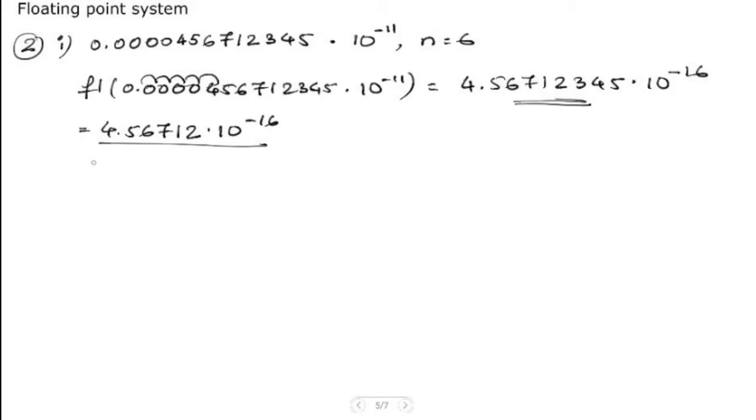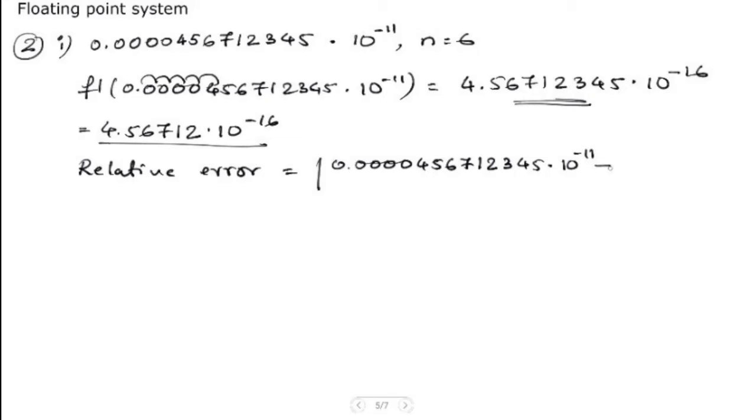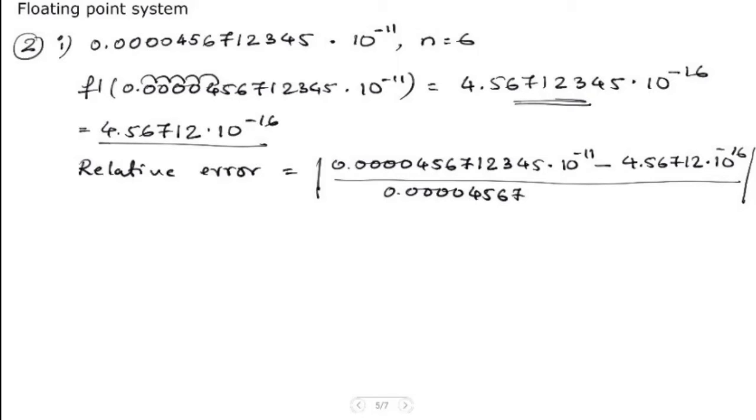And what we're supposed to do next is finding out the relative error. Which will be the original value, which is 0.00045671234 5 times 10 to the power minus 11 minus the approximated value, which is 4.56712 times 10 to the power minus 16, divided by the original value, which is again 0.00045671234 times 10 to the power minus 11.